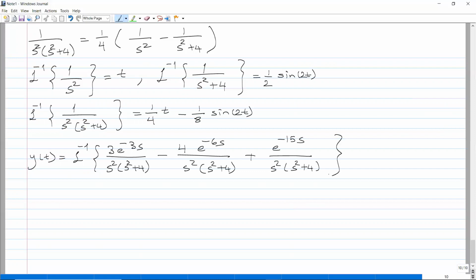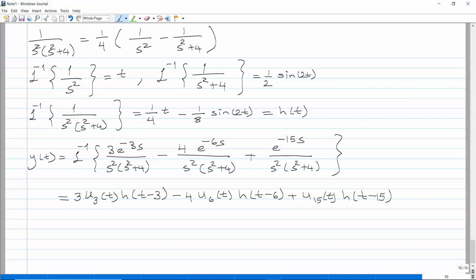Okay, so if I call this function again by h, the inverse Laplace of 1 over s squared times s squared plus 4, what's the inverse Laplace here? 3, because of e to the minus 3s, I have unit step function u3, but then I need to shift the function h by 3. Minus 4 u6, and I shift h by 6, plus u15, and I shift h by 15.